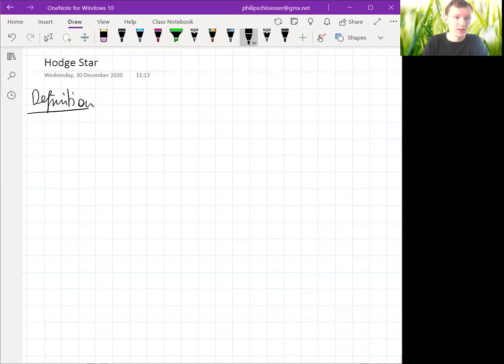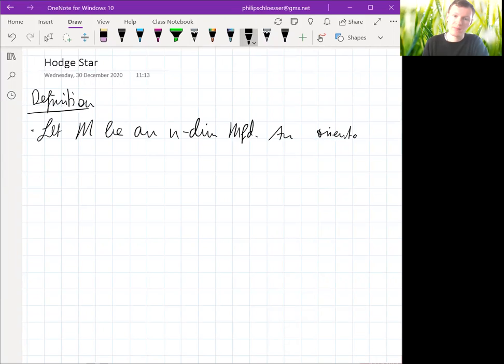So let M be an n-dimensional manifold. An orientation is a nowhere vanishing n-form.